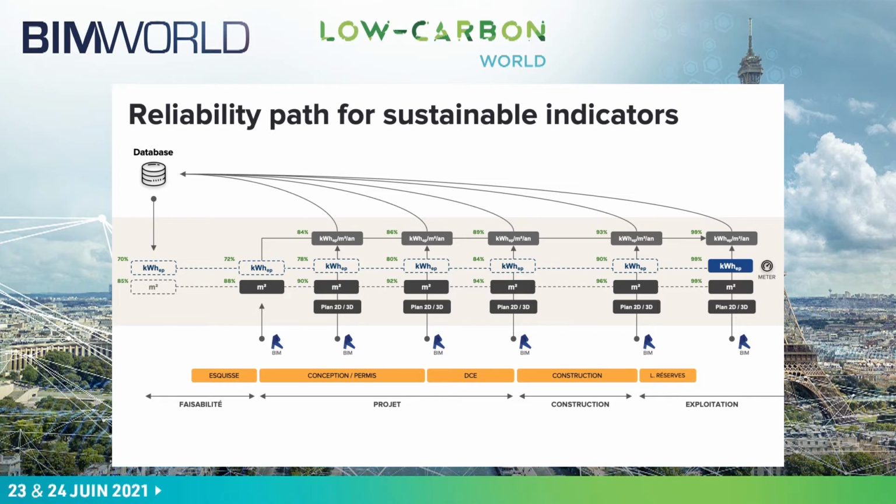This scheme shows you how an indicator will become more and more reliable based on the project progression and the collection regularity. That's key to diffuse precision and to train your team across all departments.